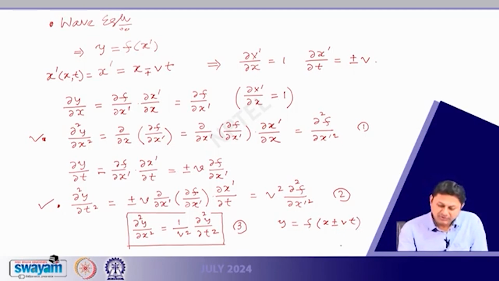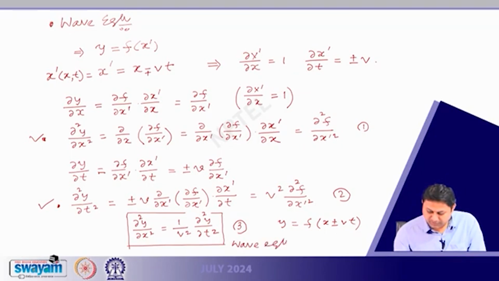Whatever the functional form you have, if x plus minus vt is there in the argument, then such a function should always be a solution of the differential equation shown in equation 3. So that means equation 3 is a governing equation of this propagating wave, and that's why this equation 3 is called the wave equation.